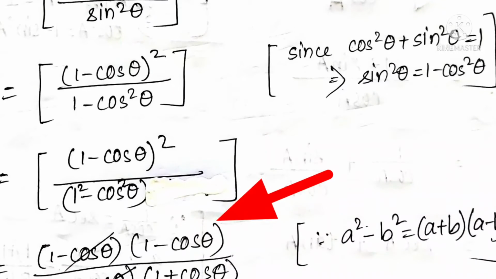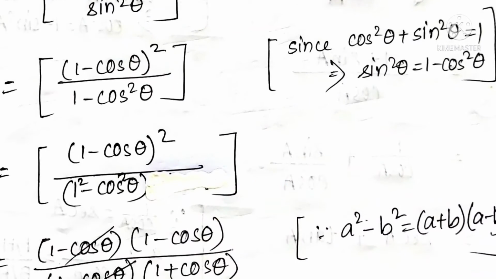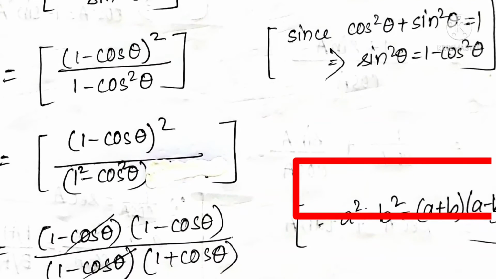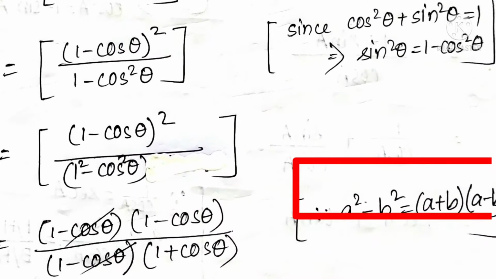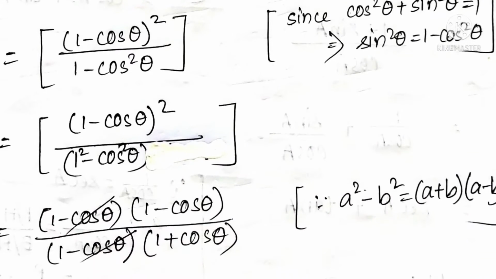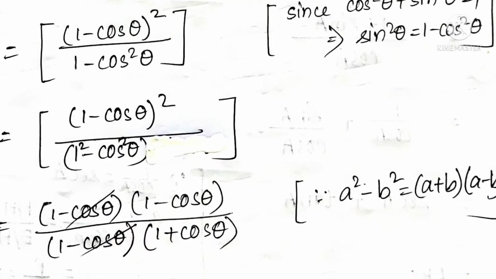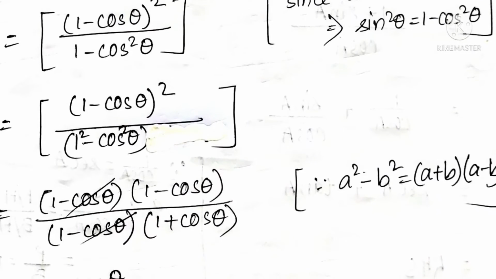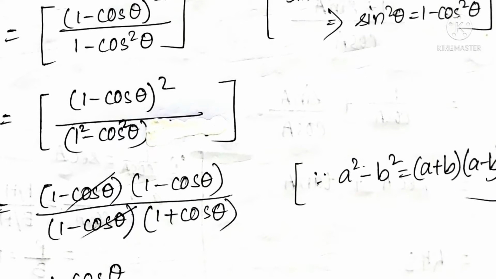So in numerator there are two 1 minus cos theta present, and in denominator we can apply the formula a square minus b square equal to a plus b into a minus b. So in denominator we can write 1 as 1 square. So 1 square minus cos square theta will be 1 plus cos theta into 1 minus cos theta.